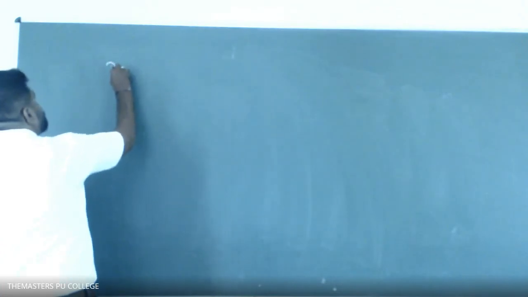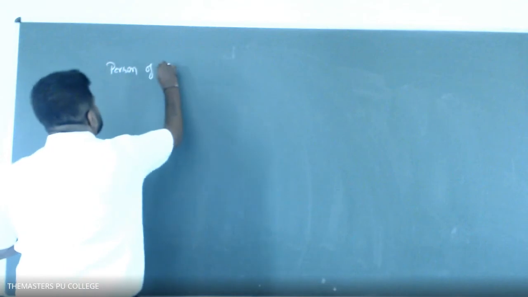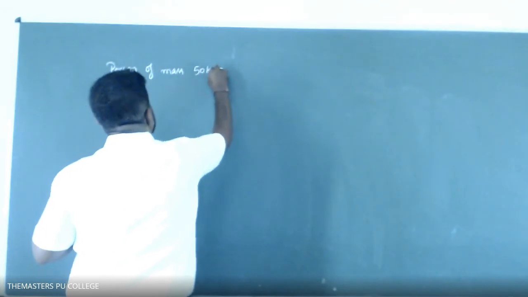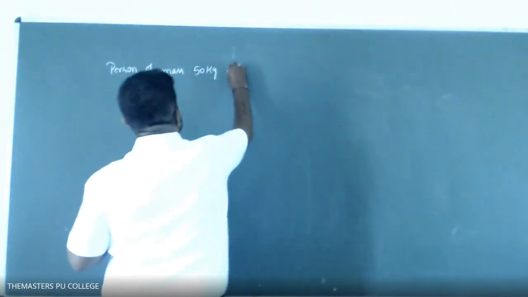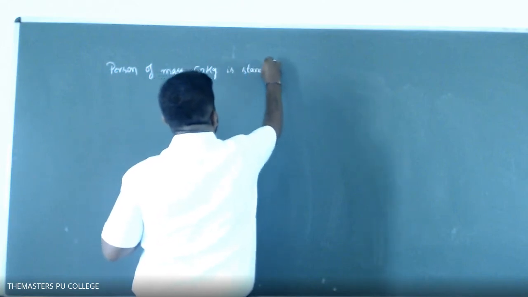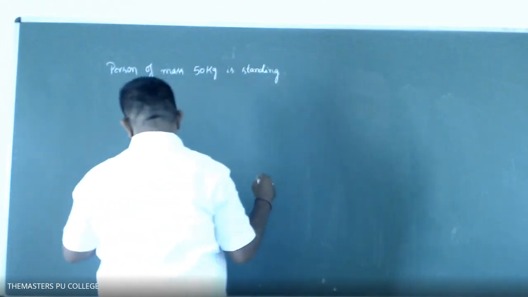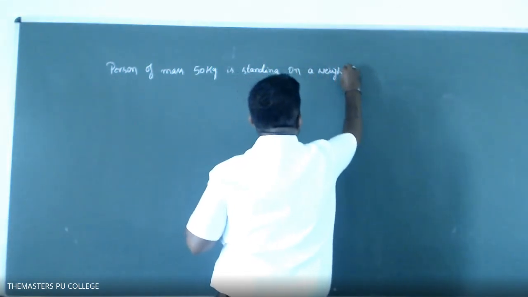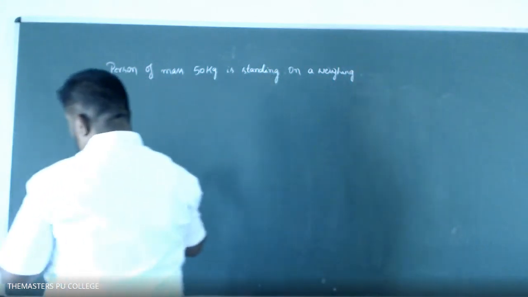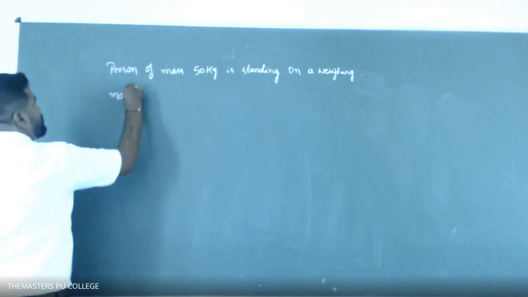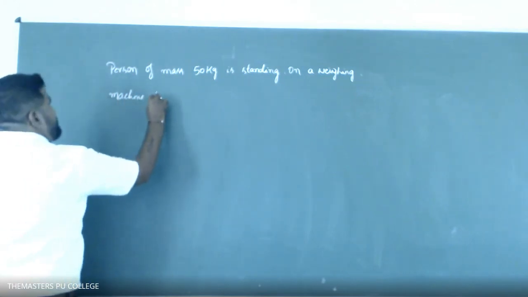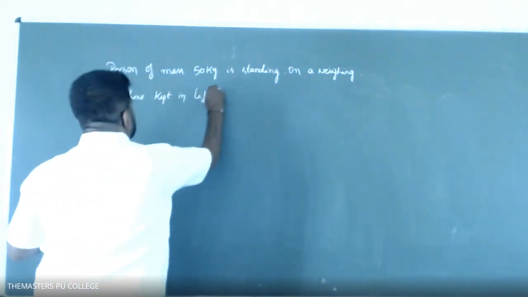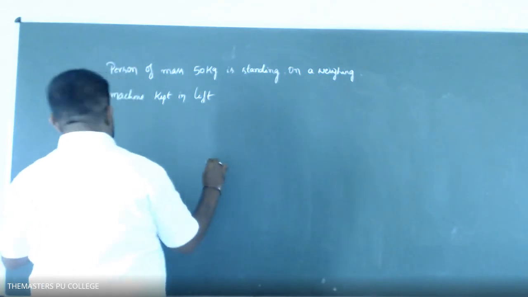A person of mass 50 kg is standing on a weighing machine kept in a lift, which is going up.